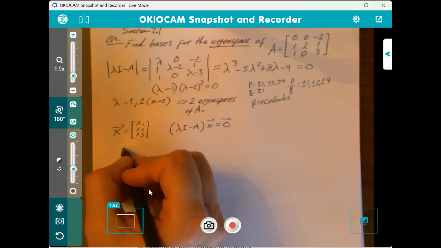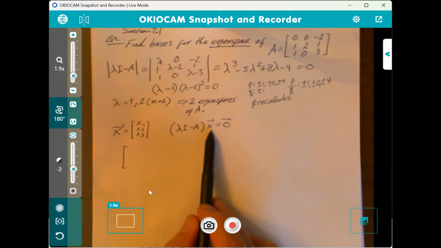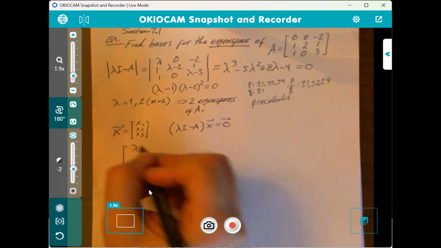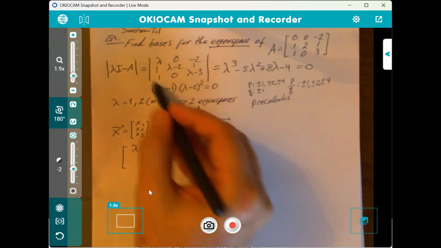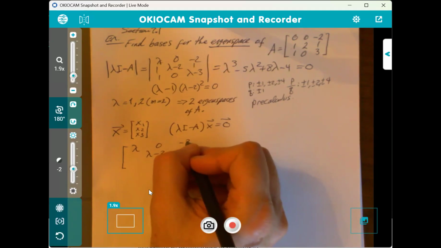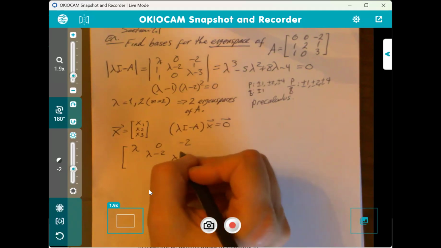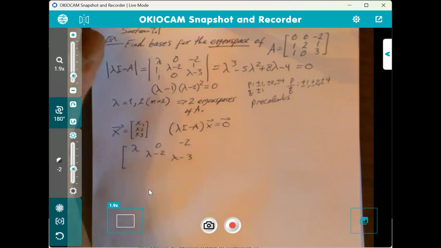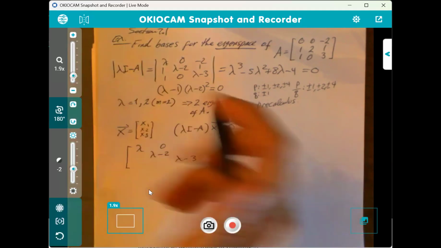Therefore, if I do lambda I minus A times X, what is this going to look like? Well, it's going to look like this. It's going to be lambda minus 2, lambda minus 3, just like it is up here. Then 0, 0, negative 2. Minus A, so negative 2 becomes positive 2.